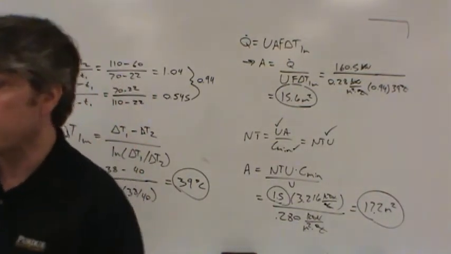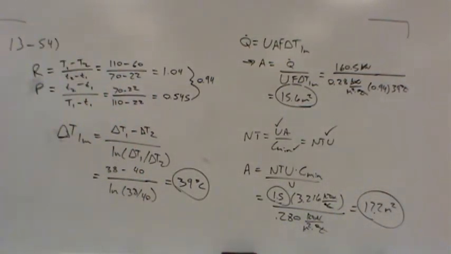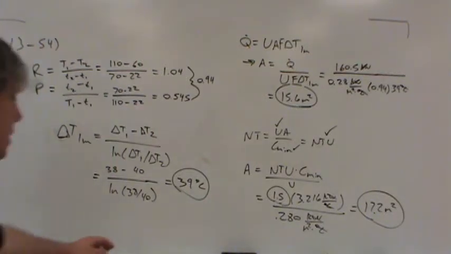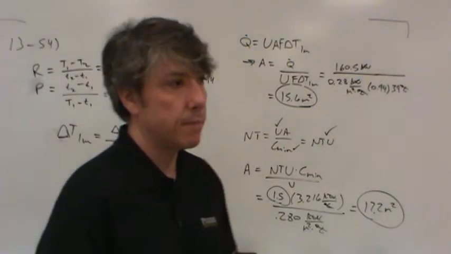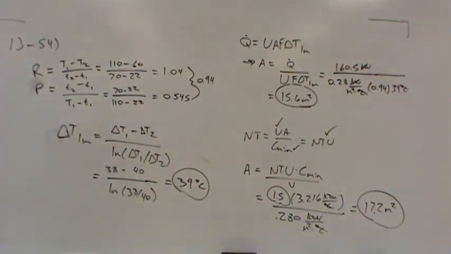So the last time I'll remind you, please write at the top of page 732, table 13.5, that you would use that instead of the log mean temperature difference method. Okay? And this is for designing a heat exchanger or selecting a heat exchanger.